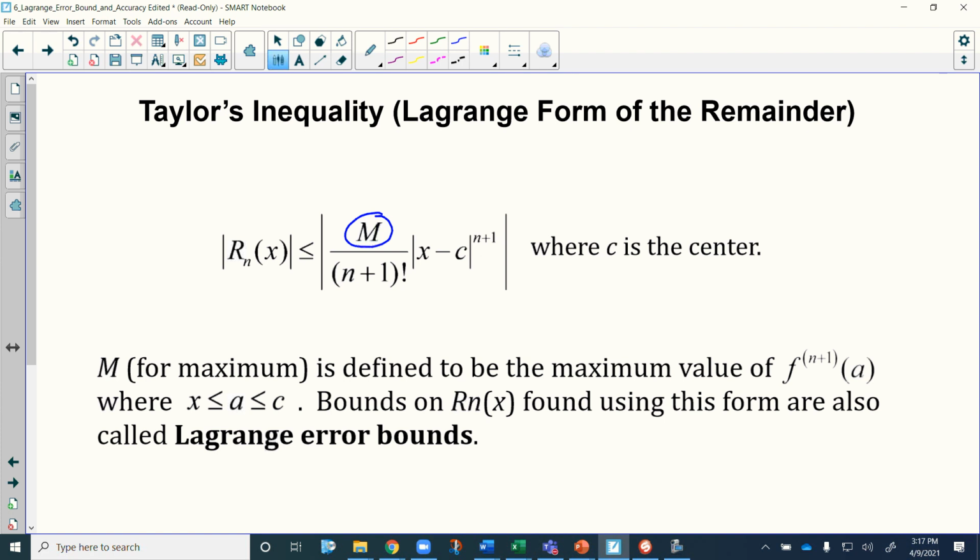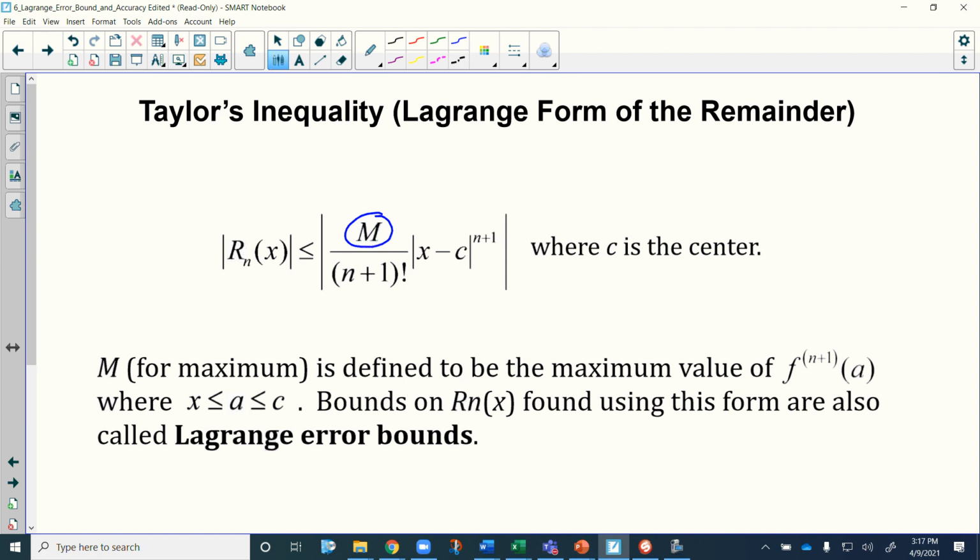M for maximum is defined to be the maximum value of the degree plus 1 derivative at a, where a is going to be some number between x and c, close to c but not exactly c.